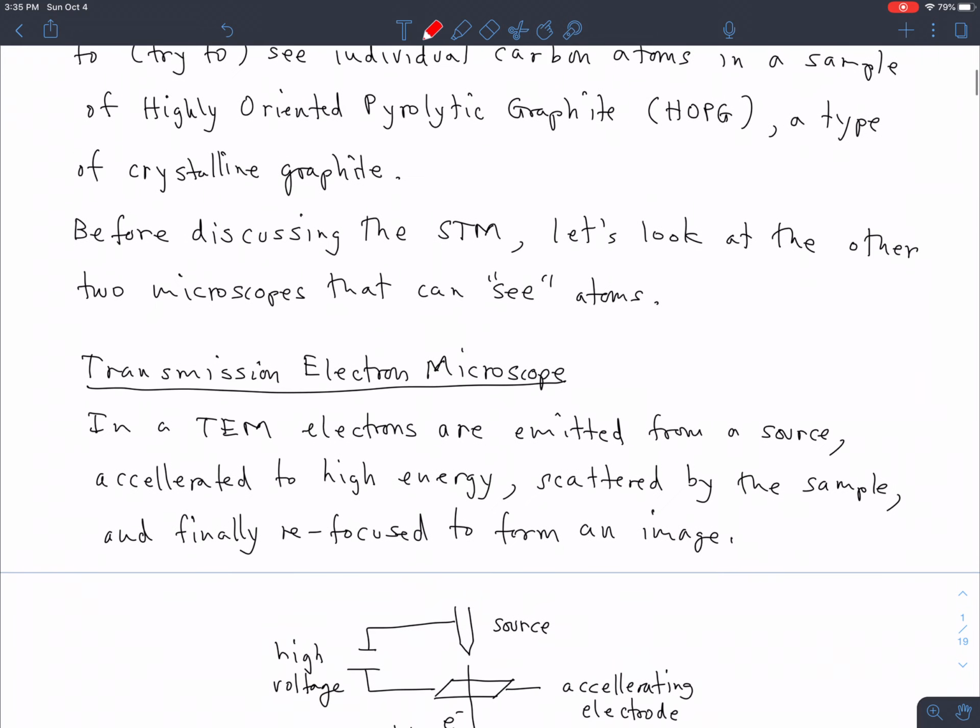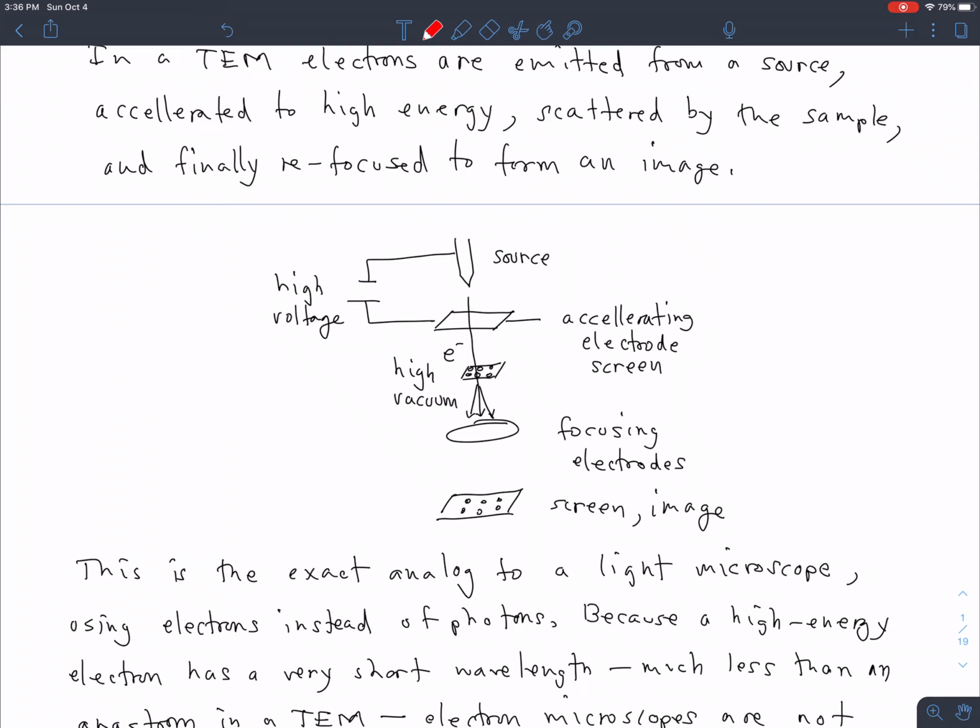All right, so before we talk about the STM, let's look at the other two microscopes and see what they can do, because part of this semester's program is to get everybody to know some stuff about the techniques that are out there. So TEM, transmission electron microscopy, is essentially the analog of a light microscope, but using electrons instead of photons.